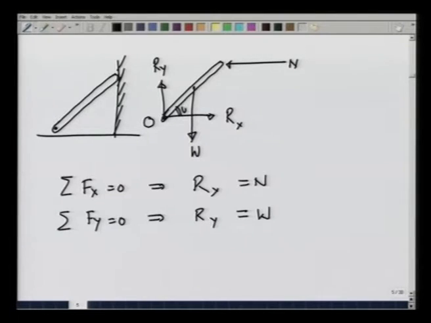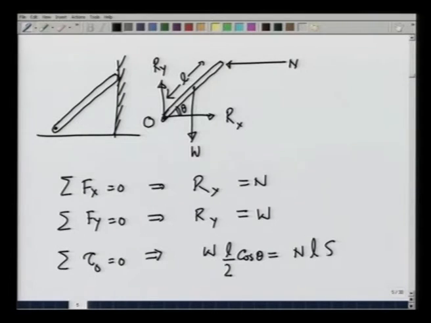If this angle is theta, the length is L, then summation of torque about O equal to 0 gives W times L over 2 cosine theta is equal to N times L sin theta, or N equals W cotangent theta divided by 2.